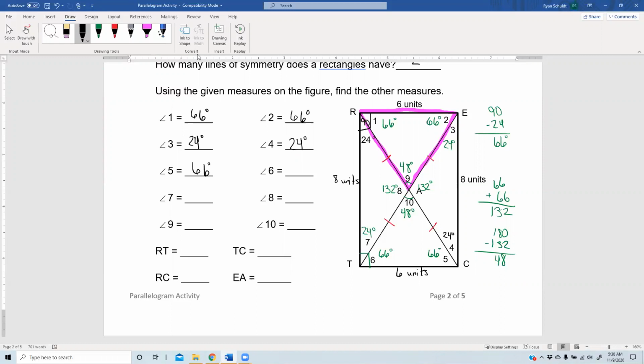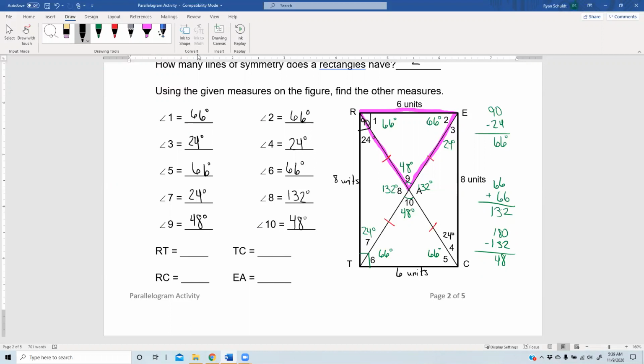Angle 6, 66 degrees. 7 is 24 degrees. 8 is 132 degrees. And 9 and 10 are both 48 degrees. Well, we did good on our angles. We got all the angles.